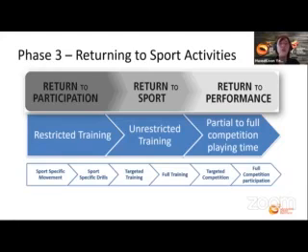So it is only when athletes can complete a full training over a period of time. What we're not saying is that if he or she is able to complete a full training, it means that the athlete is ready for competition.